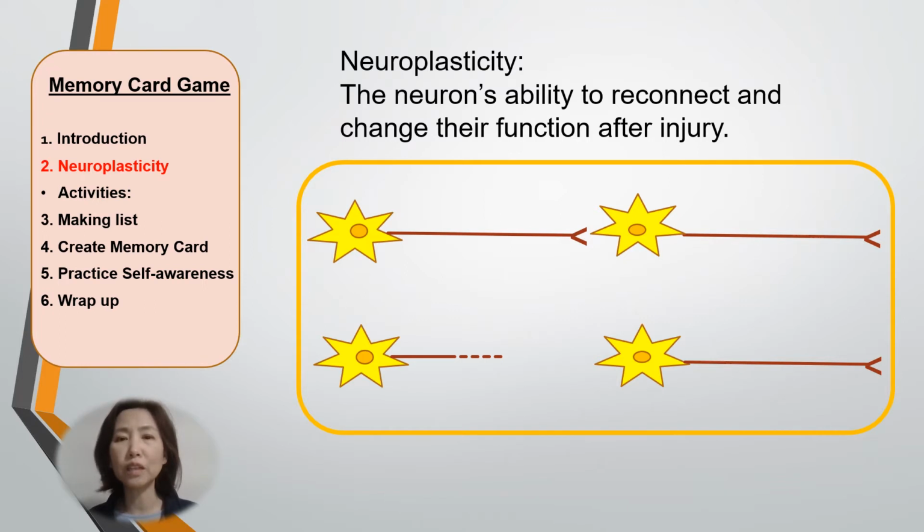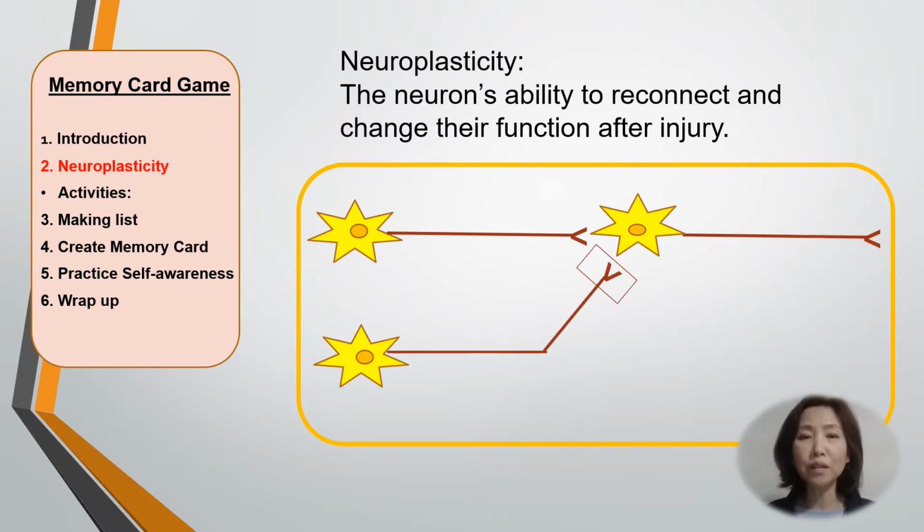After the neuron is injured, some part of the neuron will be damaged, disconnecting from the original connection. However, it grows back and reconnects to the next neuron. Neuroplasticity is involved in learning and the creation of new memories, and it is essential in recovery from brain damage.